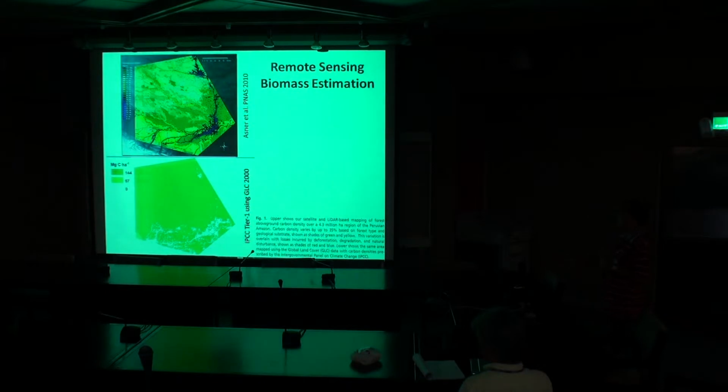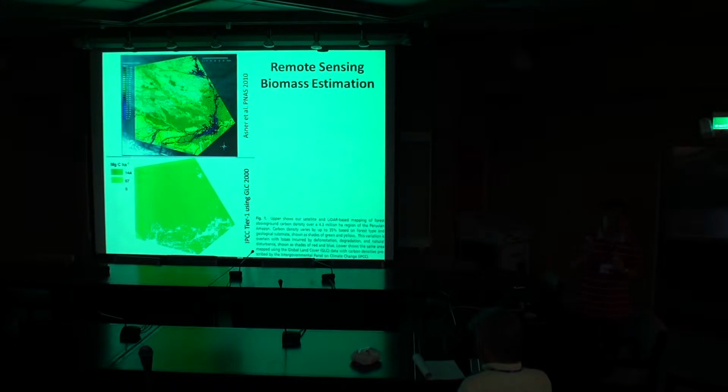Conventionally, people do remote sensing carbon estimation by first classifying the vegetation into different types. They estimate the mean value of each vegetation type and extrapolate. But when you do that, you assume each vegetation type is homogeneous within the landscape.